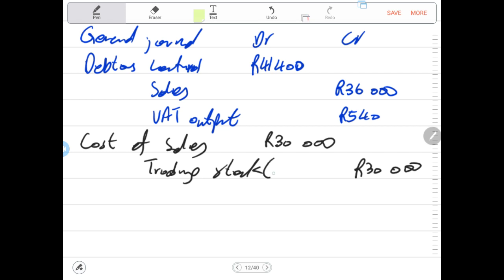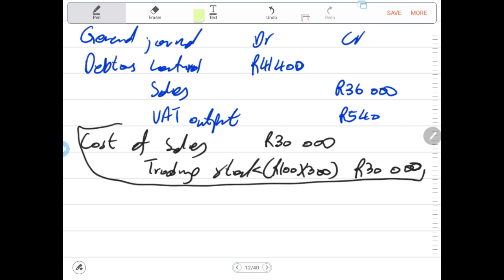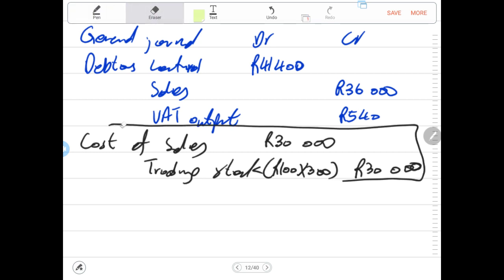We could have calculated it by saying 100 rand times 300 if they only gave us the number of units and told us that we sold this number of bags of cement. Remember, here we only have one amount, which is the inventory and cost of sales. So in this case, we record only one side of it, not double.